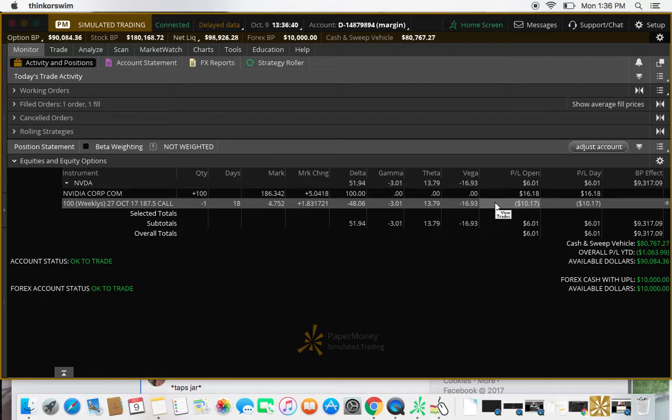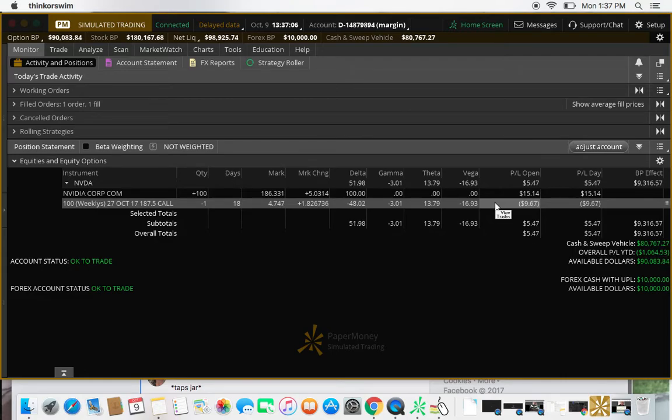Oh, I see. The stock's up $5 since the time you did this trade, and that's the reason you're making money on the shares right now. If you just bought the stock, you'd be making $14. That's why the P&L open next to the stock is $14.